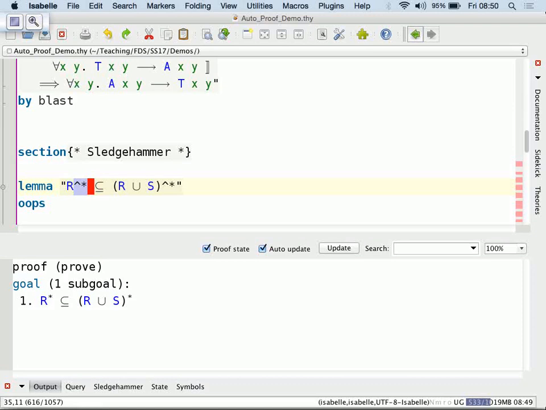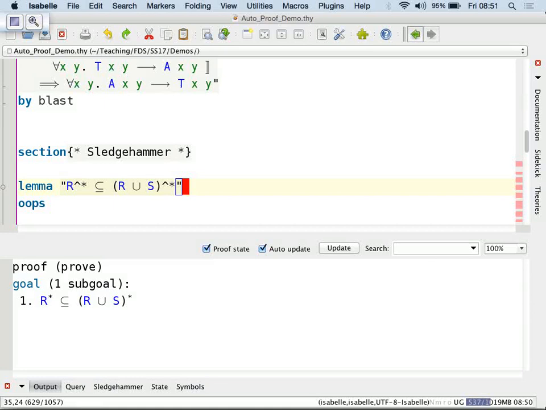The theorem says that the reflexive transitive closure of R is a subset of the reflexive transitive closure of R union S. This is perfectly obvious. Why? Because the reflexive transitive closure is a monotone operation. If you start with a bigger relation, then its reflexive transitive closure will be bigger. And so, because R union S is a subset of R, the transitive closures must also be subsets of each other.